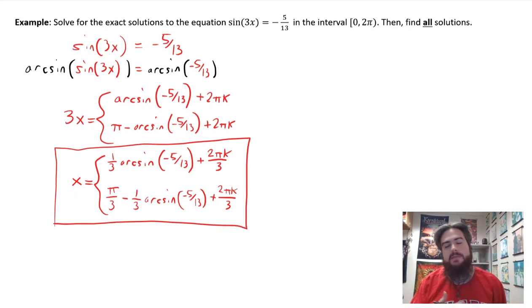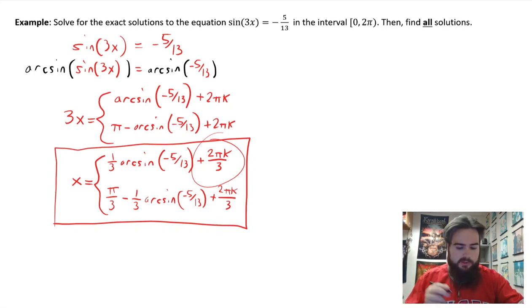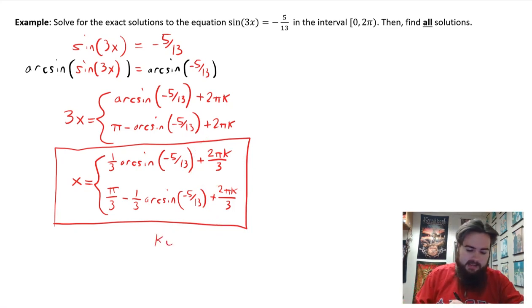That now gives me the answer for all solutions, the full infinite solution set. This is why it is very important that I set up the infinite solutions of plus 2 pi k first before dividing by 3, otherwise I may have missed this portion of the set of equations. Also keep in mind here that k is an integer.